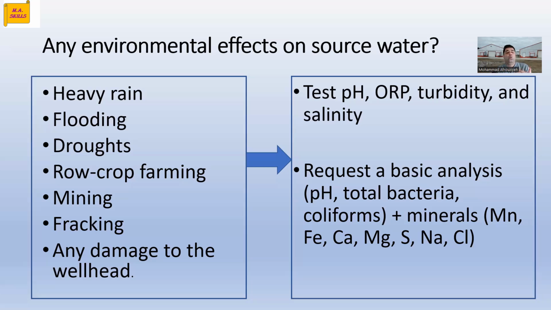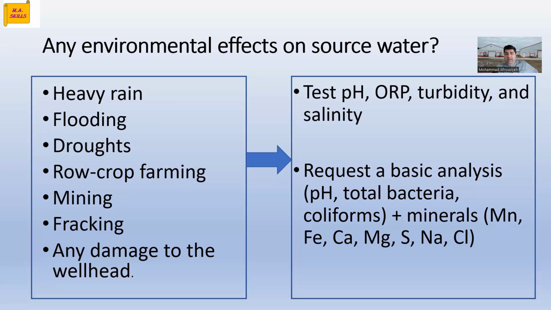If your water ORP is high enough, it means that it is above 650 millivolts, it shows that your water has the potential to kill the pathogens. And as I mentioned, I will dive more deeply into that in my next video.